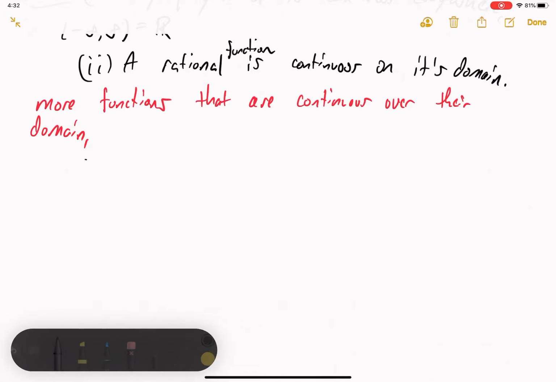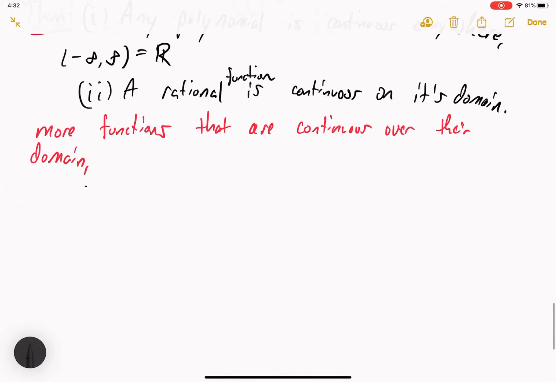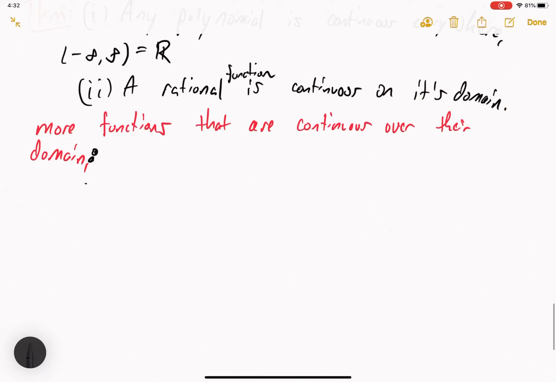So this would be root functions, like the nth root of something: square root, cube root, 7th root.